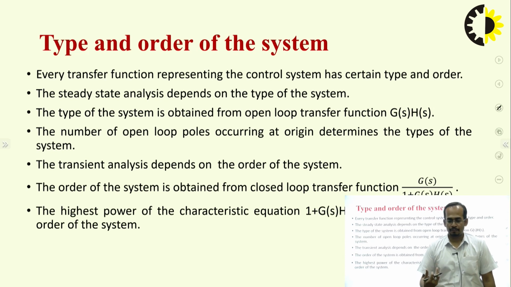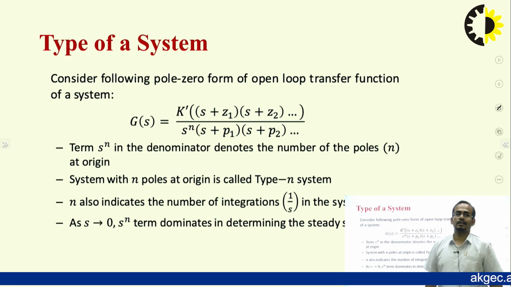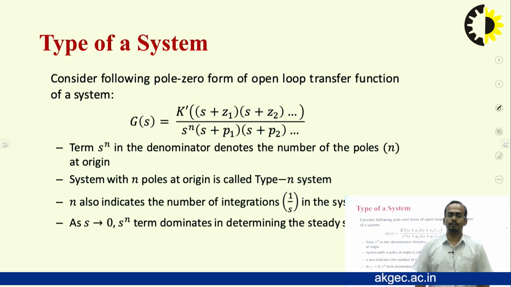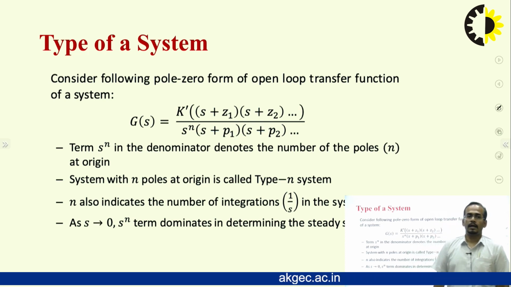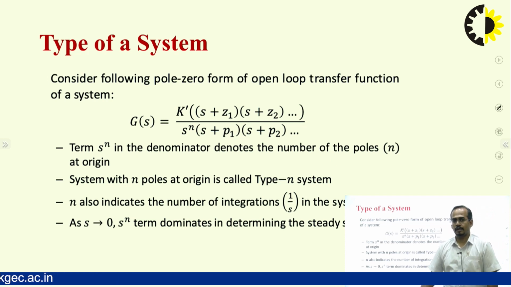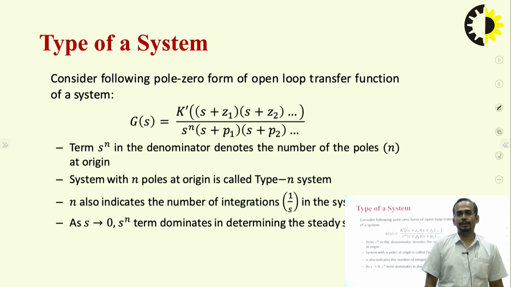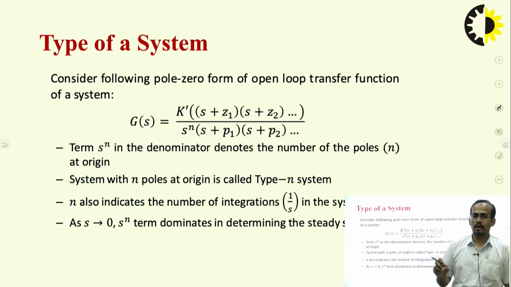Suppose the transfer function is defined like this: G(s) is equal to K (s plus z1)(s plus z2) upon s to the power n (s plus p1)(s plus p2). It is clear from this transfer function that z1, z2, z3 up to zn are the zeros of the transfer function, and p1, p2, p3 up to pn are the poles of the transfer function. s to the power n denotes the number of poles occurring at the origin.